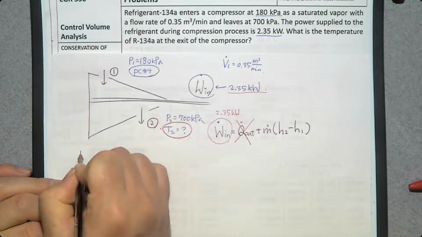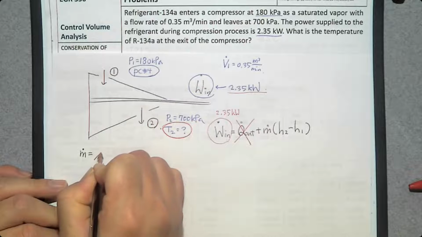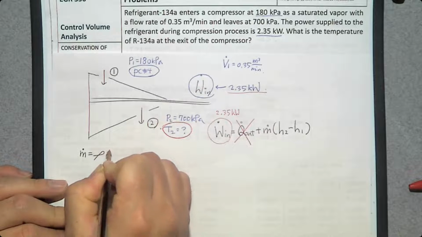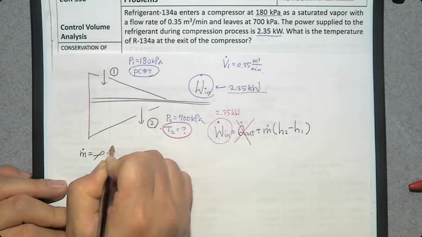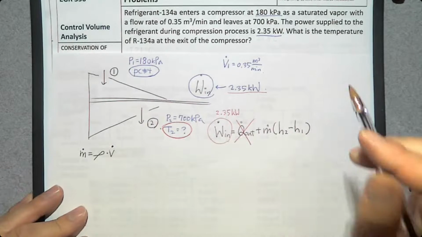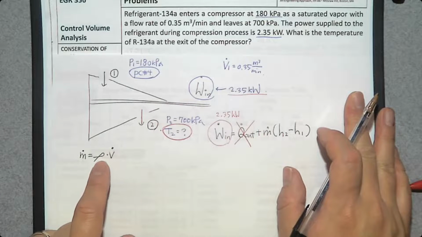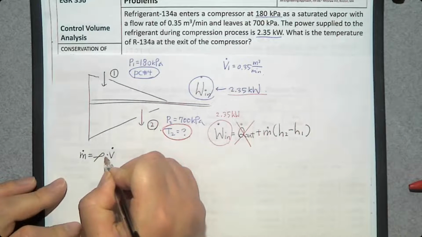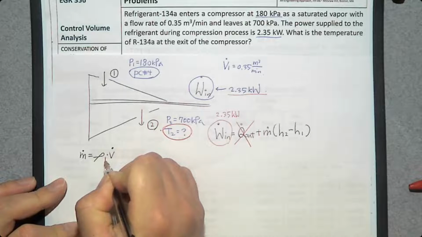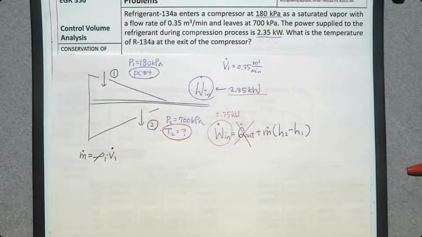There are two different ways. m dot can be determined by density times volumetric flow rate, or density times velocity times cross-sectional area, but we know there's a volumetric flow rate. So we just need to determine the density at the inlet, because we know the volumetric flow rate at the inlet. So how do we determine the density at the inlet?